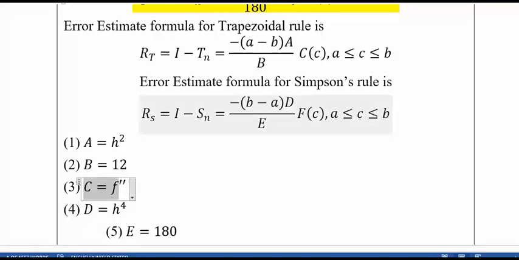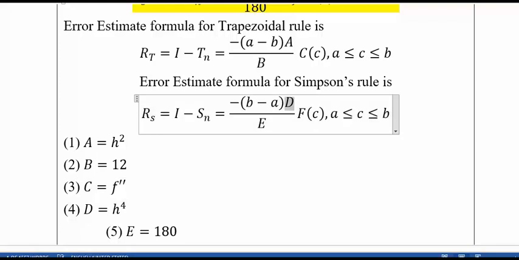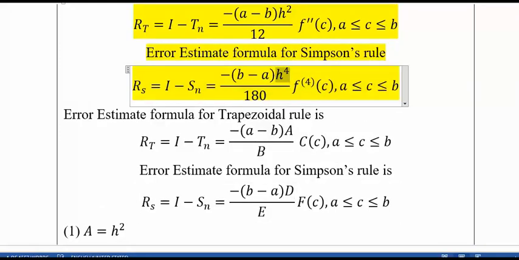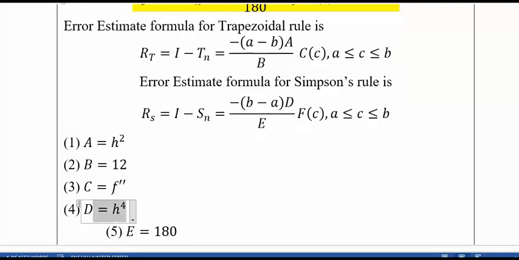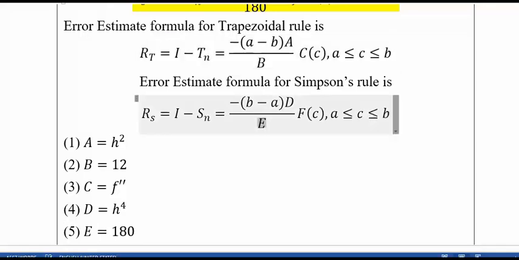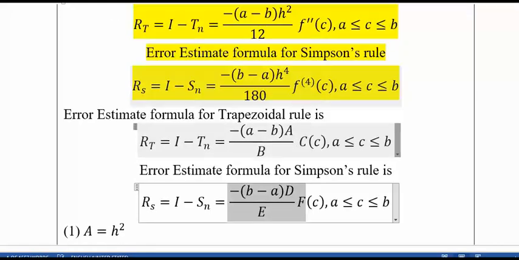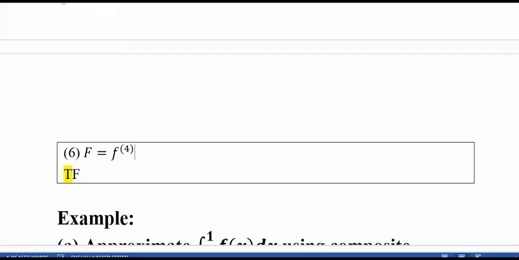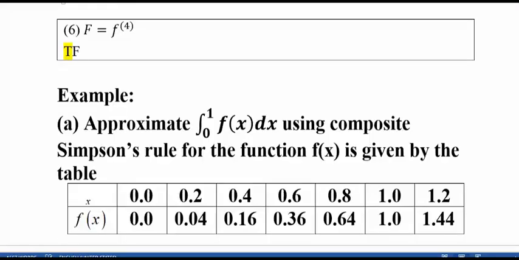In Simpson we have d instead of h to the power 4, and e equal 180, and f is the fourth derivative, and all of them are true. I think that it's enough.